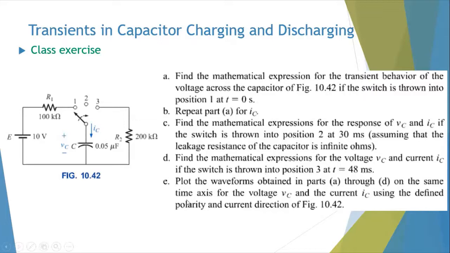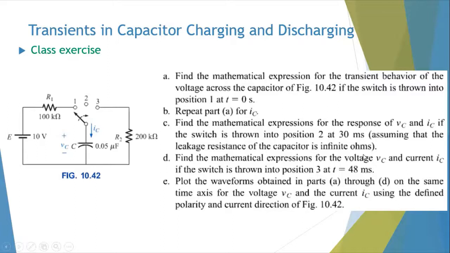Now, this question is asking you, if you put your switch to position 2, it's not connected to 3 here. 3 will be the discharge path because then the capacitor can discharge. If you connect your switch to position 2, there's no path for the current for the capacitor discharge. So this is where you have the leakage path. But the question gives another piece of information, assuming that the leakage resistance of a capacitor is infinite ohms.